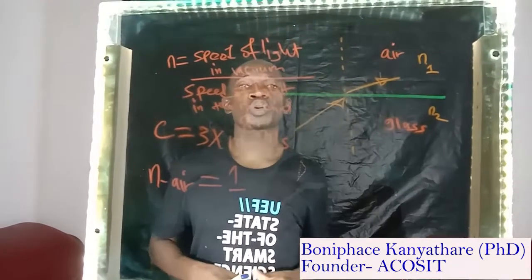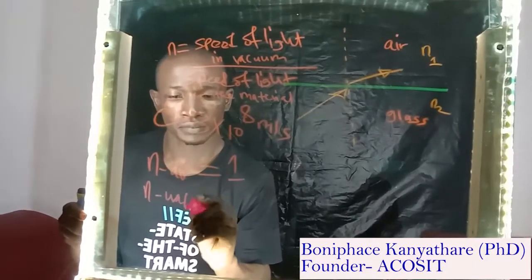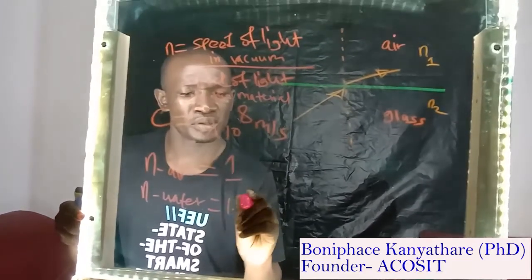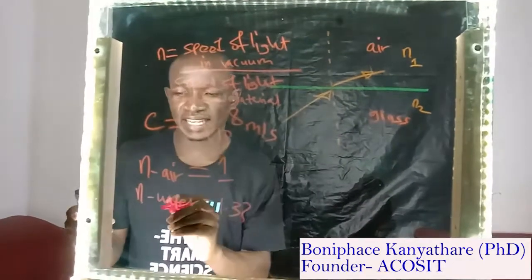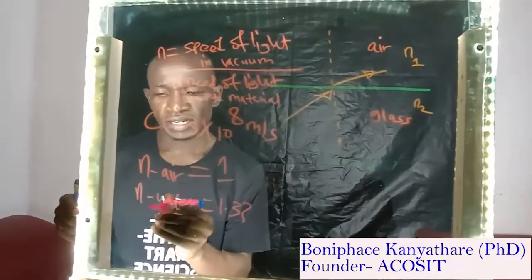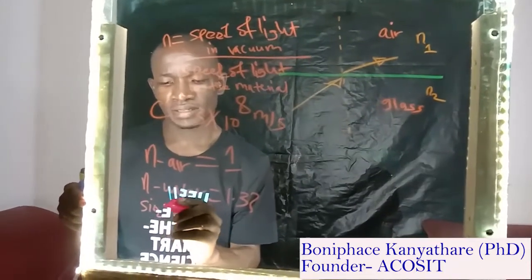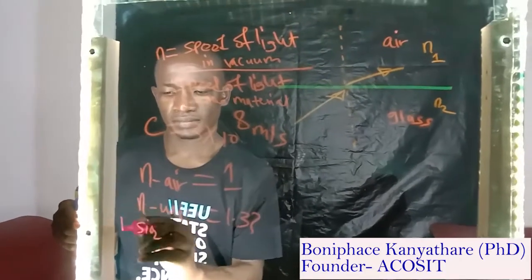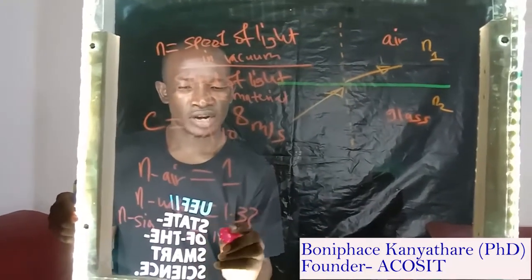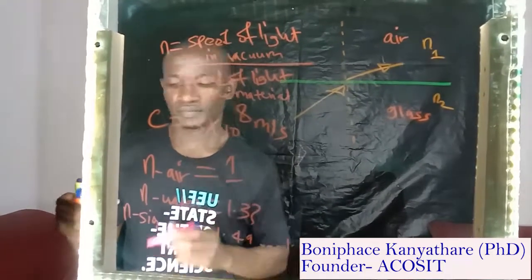For example, we have water. The refractive index of water is about 1.33. Refractive index of glass, like fused silica, silicon dioxide glass, the refractive index is around 1.49, 1.5.